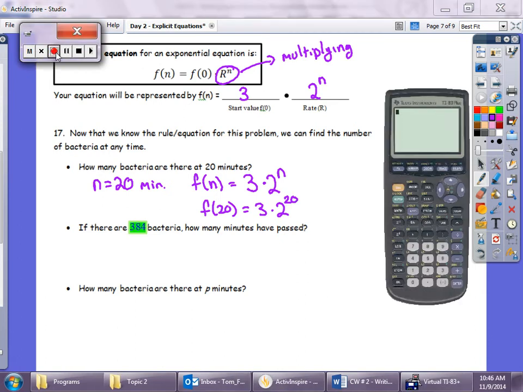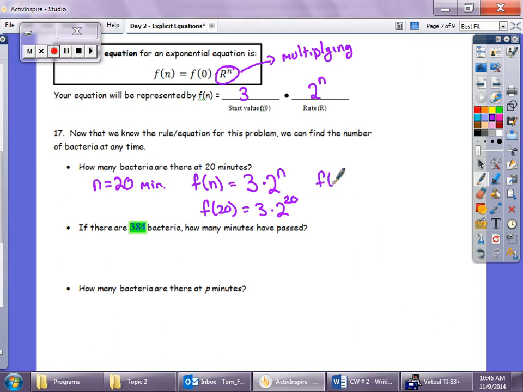Okay, we're going to enter this in a graphing calculator because I don't think the little blue ones can do 2 to the 20th power. So we do 3, then our multiplication symbol, times, and we have 2. The button above the division sign is called our caret, and it will raise 2 to the power of 20. So now we have 3 times 2 to the power of 20, and when we hit enter, we get 3,145,728.